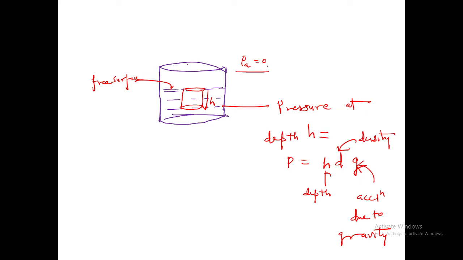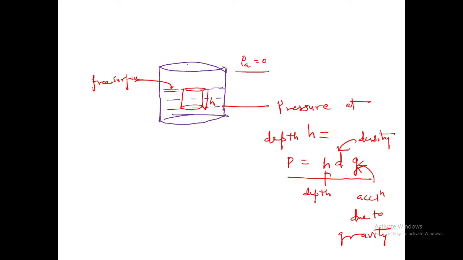Second thing is the conclusions. Pressure exerted by a liquid at a point inside it is directly proportional to the depth of the point, the density of the liquid, and the acceleration due to gravity. This is quite clear from this expression.